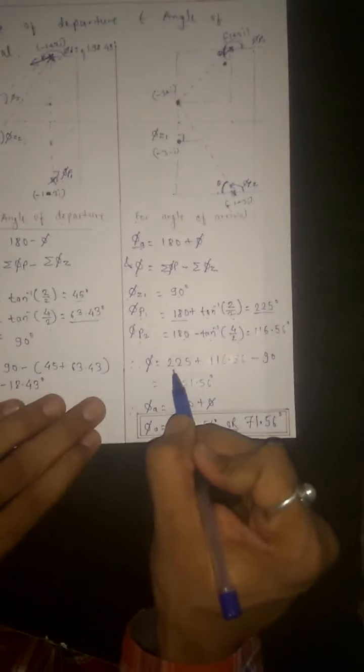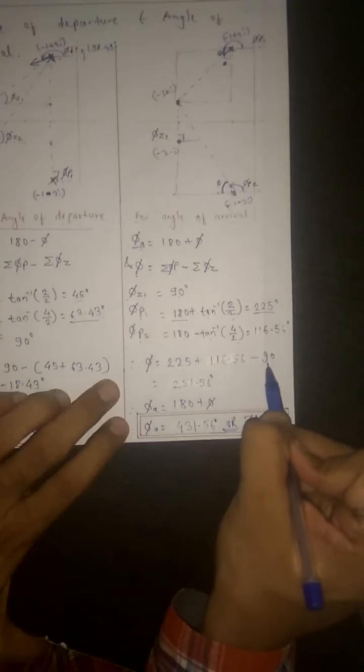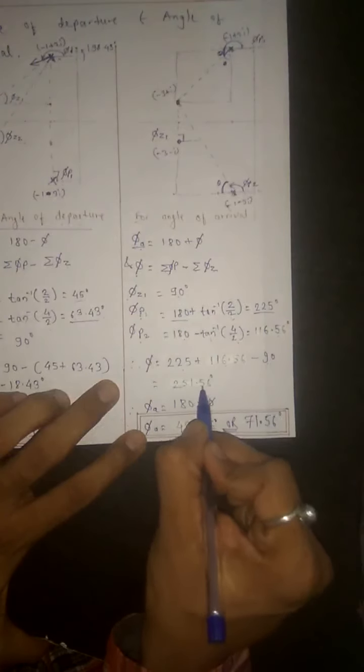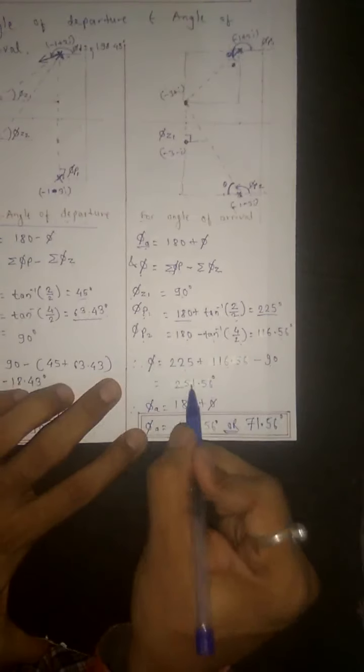Okay. So finally phi equals the summation of angles made by poles, that is 225 plus 116, minus the summation of angles made by zeros, that is 90. So we got phi as 251.56 degree. Phi A will be 180 plus phi.